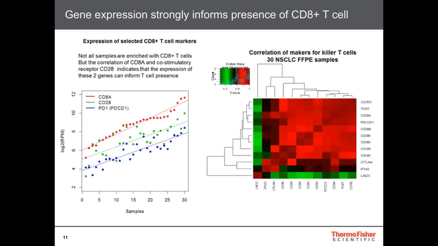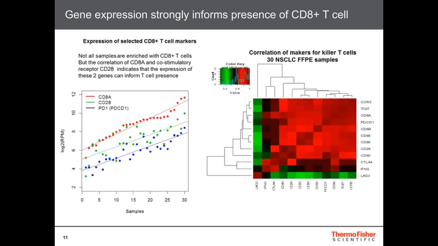In this plot, we show examples of a number of different samples, 30 different non-small cell lung carcinoma FFPE samples. The left plot shows the expression level of 3 genes, and you can see that these genes are correlated with each other, as one might expect.